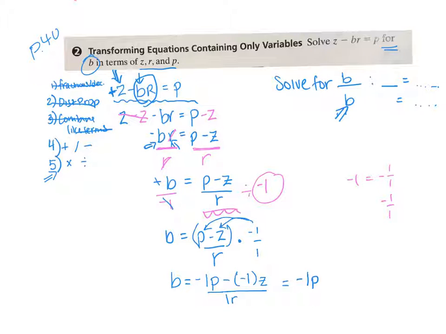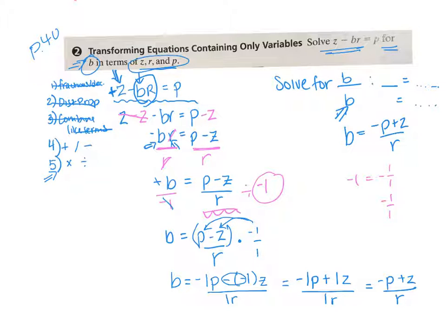Negative 1P minus a negative becomes positive 1Z over 1R, which if I get rid of my 1's becomes negative P plus Z over R. And that is what B equals. It doesn't look pretty, but you have solved this equation up here for B, meaning that it's B equals some combination of Z, R, and P using this relationship up here.